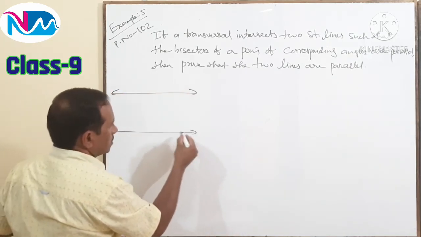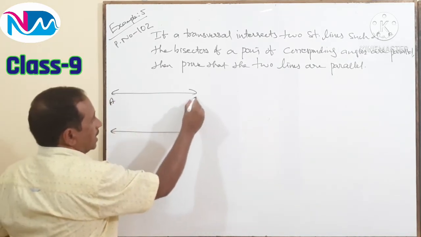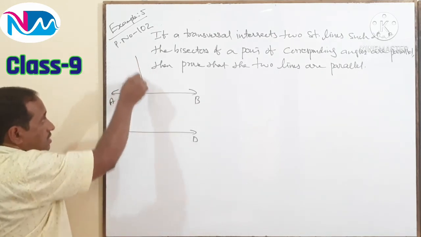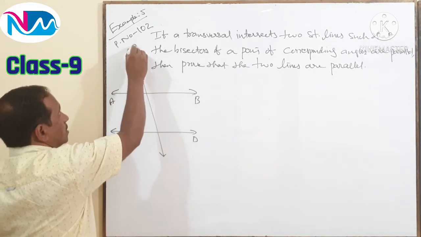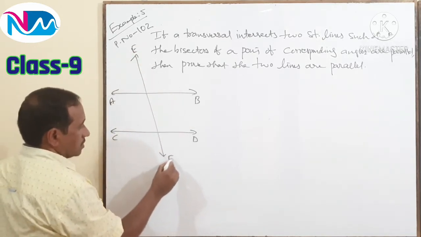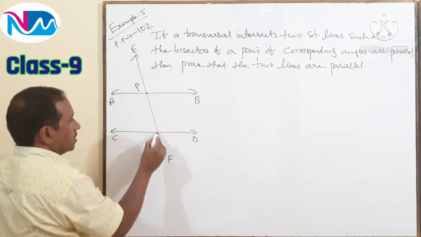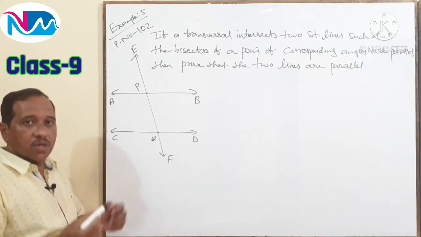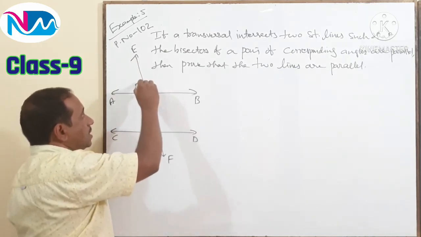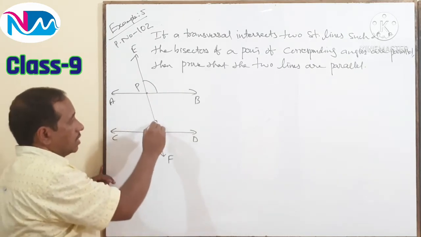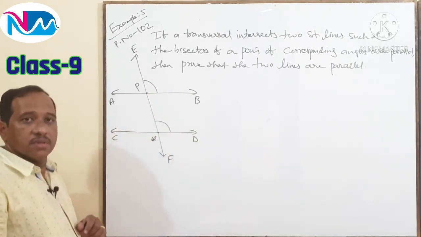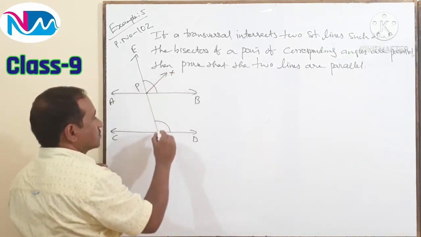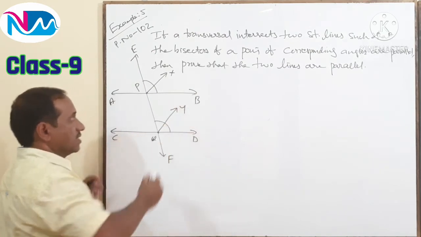Let us consider two straight lines AB and CD, which are intersected by a transversal EF at points P and Q. Here we consider a pair of corresponding angles, angle EPB and angle PQD, whose bisectors are PX and QY.